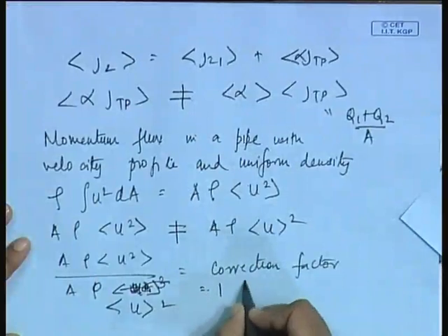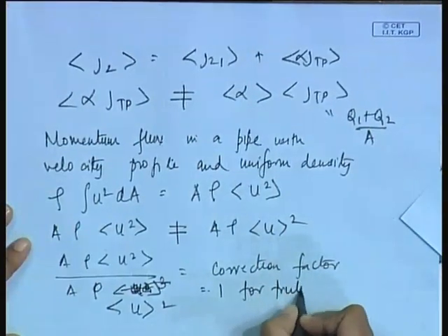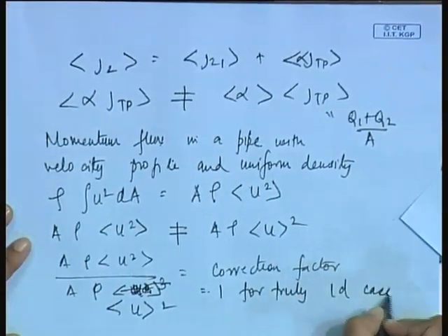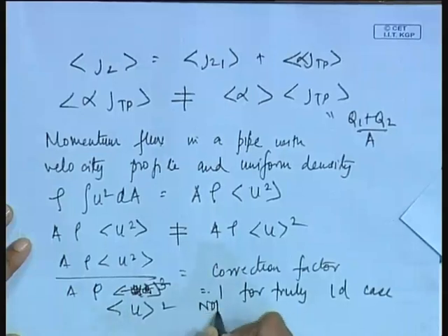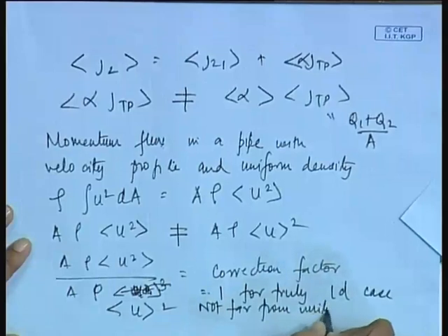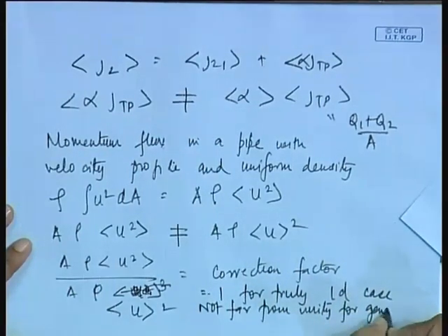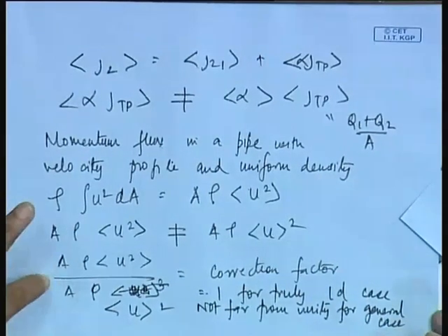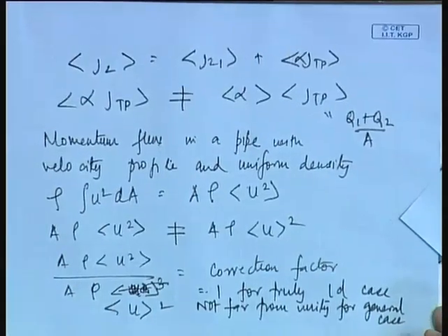So, this correction factor is equal to 1 for truly one dimensional case and not far from unity for the general case. This is the particular way the correction terms were introduced.